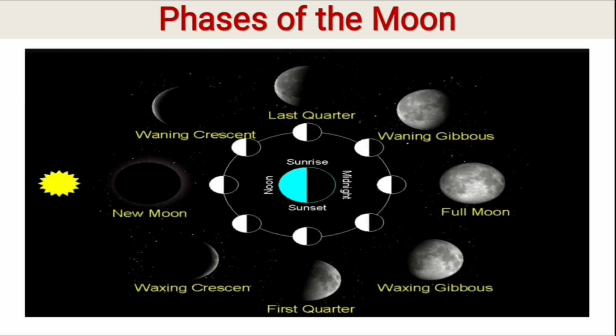As you can see in the picture, it's totally dark, and it is in the middle of the earth and the sun. But as the moon continues to orbit and moves a little ahead in the waxing phase after 2 or 3 days, some light from the sun starts to fall on some part of the moon which looks like crescent shape, and it is called waxing crescent.